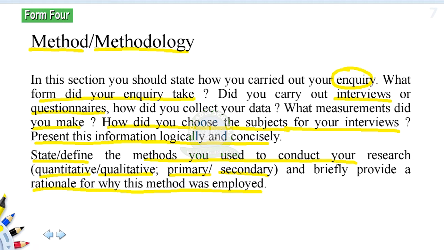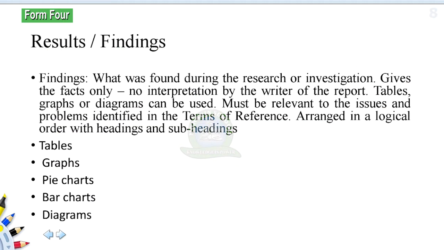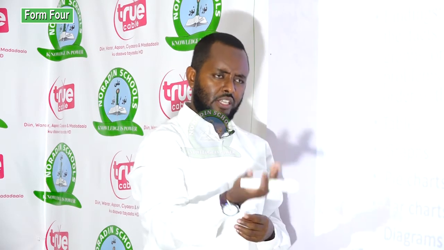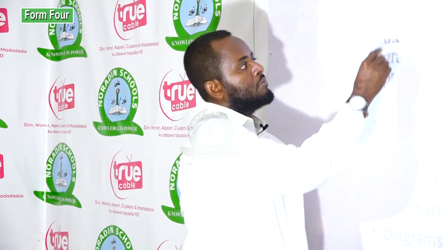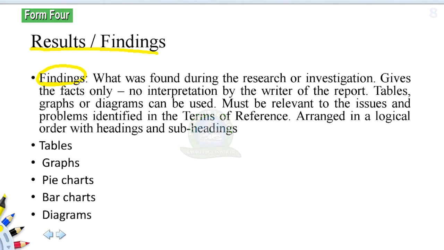Then you can move on to findings, the results. Every project, every report has findings. What was the result of your project, of your research, of your task? In this section, we need to know the findings or the results of the report. What was found during the research or investigation?